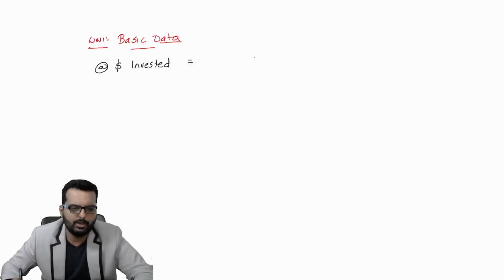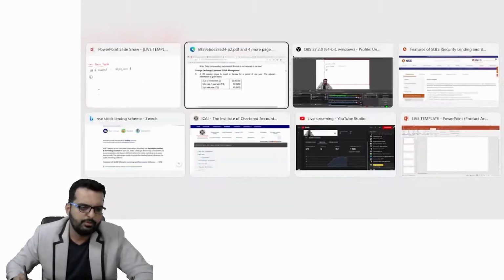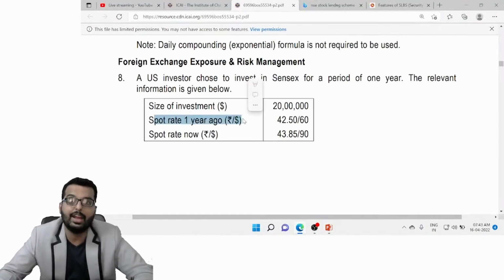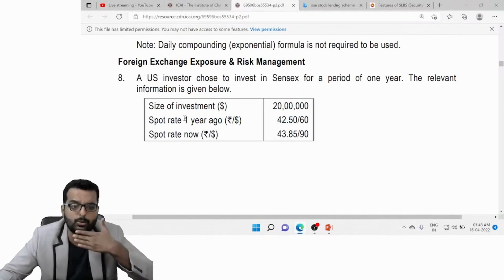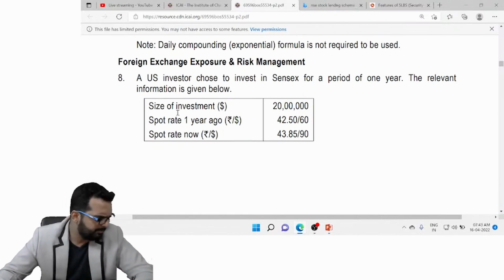So tell me, how many dollars are invested over here? 20 lakh dollar. Friends, this question, how they have given it is, they have invested 1 year ago and they are going to retrieve the money today. That is how the whole question has been drafted. Suddenly, when you read, you will not understand that part.